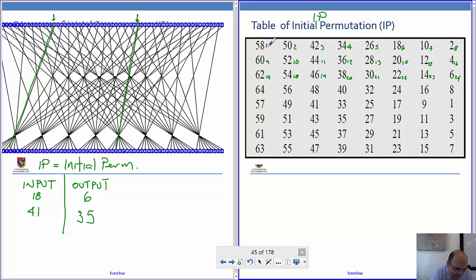Okay, so we have bit 1 to 24. We can do the 64 bits that will be 64, right?